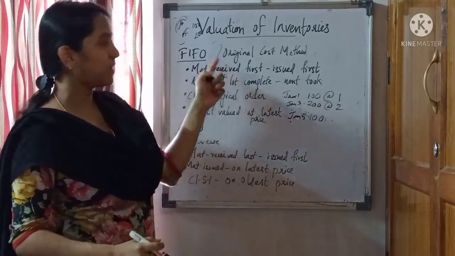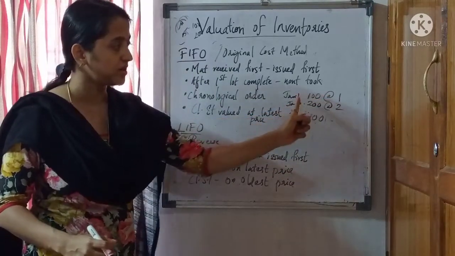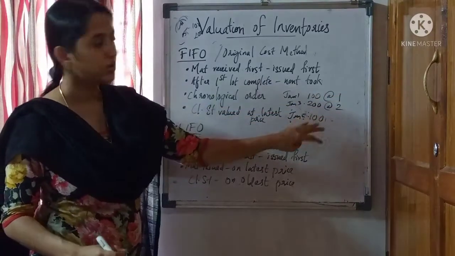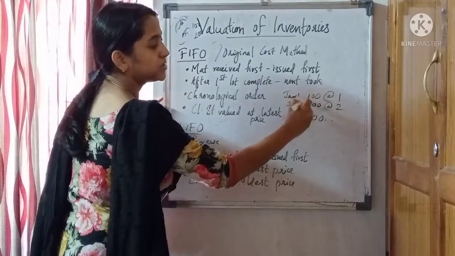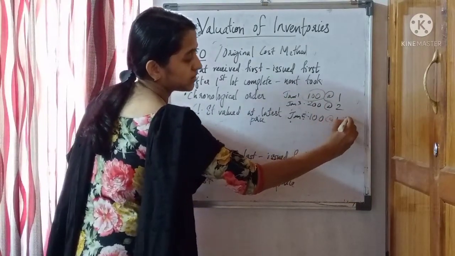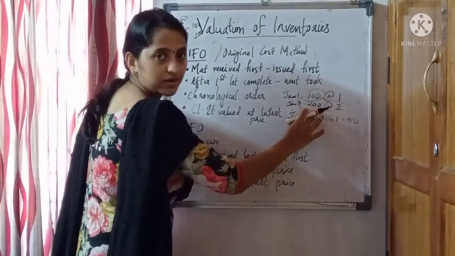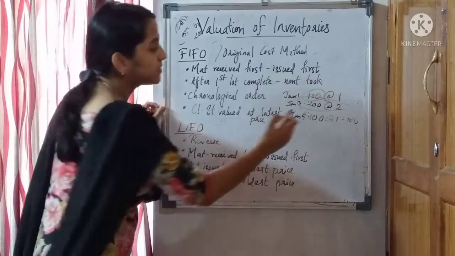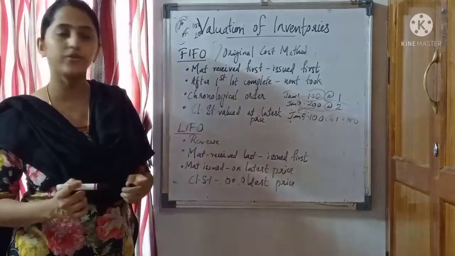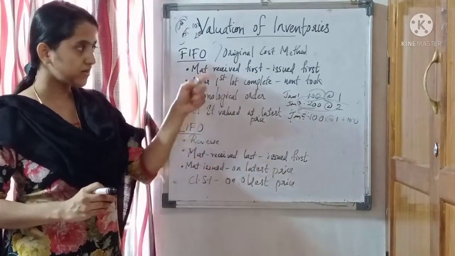Under the FIFO method, the rate will be that of the first in, which is 100 at the rate of 1. So these 100 we can take from the first lot. We issue 100 at the rate of 1, that's equal to 100. Then what is left is 200 units at the rate of 2, and this will become our closing stock. That is the example of FIFO. Then similarly under the LIFO method, it is just the opposite.